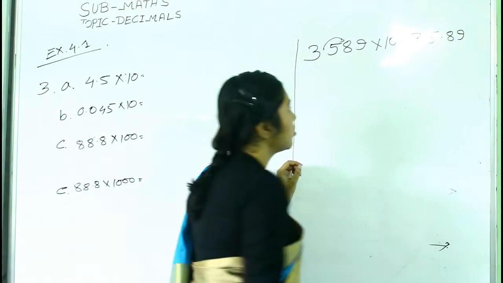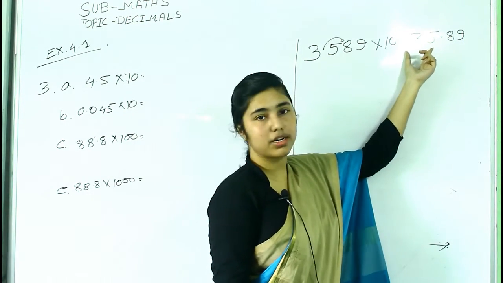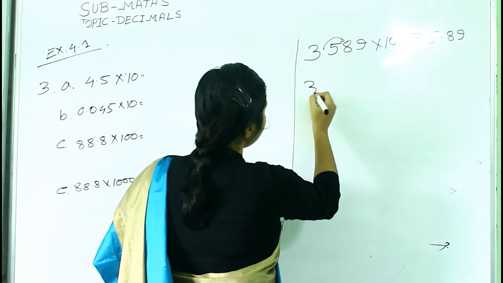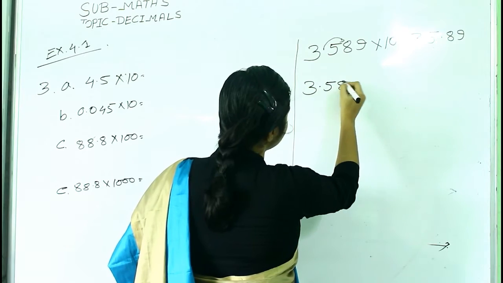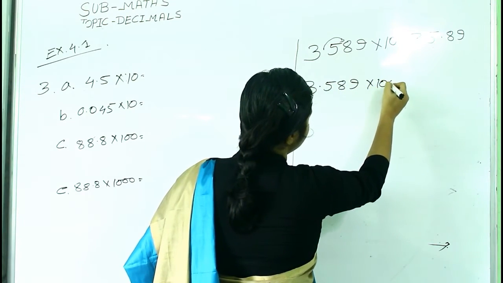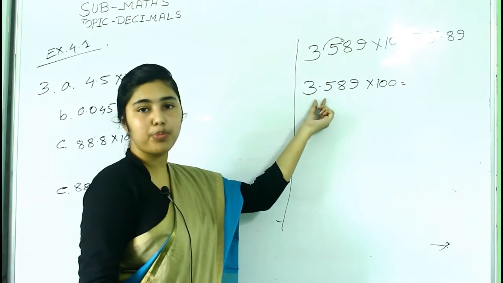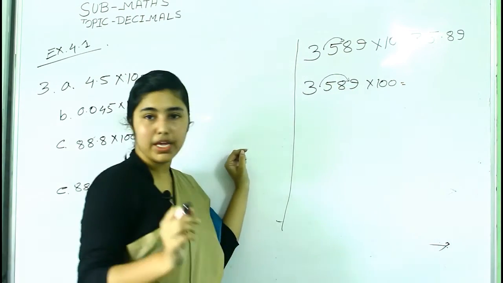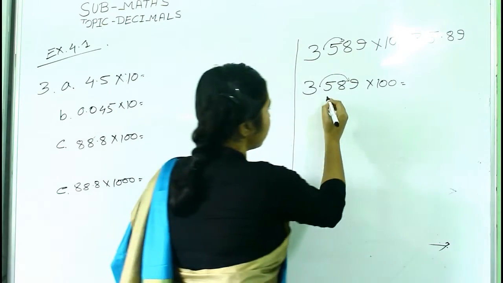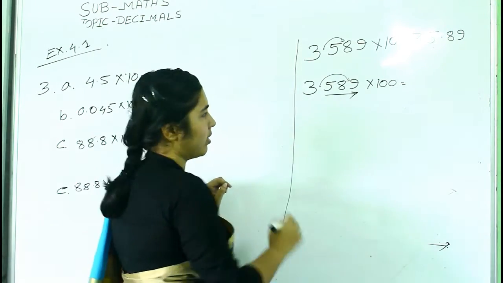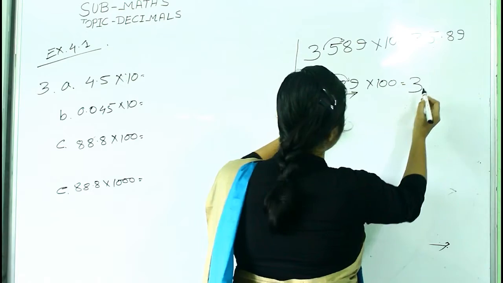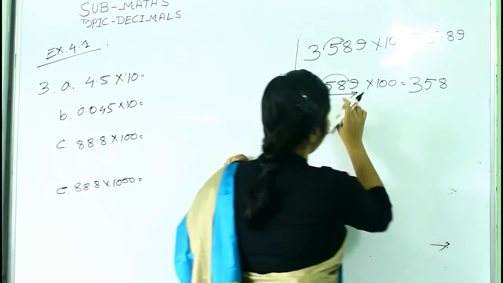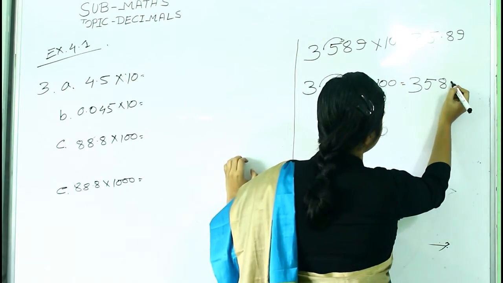So our product is 35.89. Now if we multiply the same number with 100, the decimal point will shift 2 decimal places to the right. Where? To the right. So 3, 5, then take 8 and now insert the point.